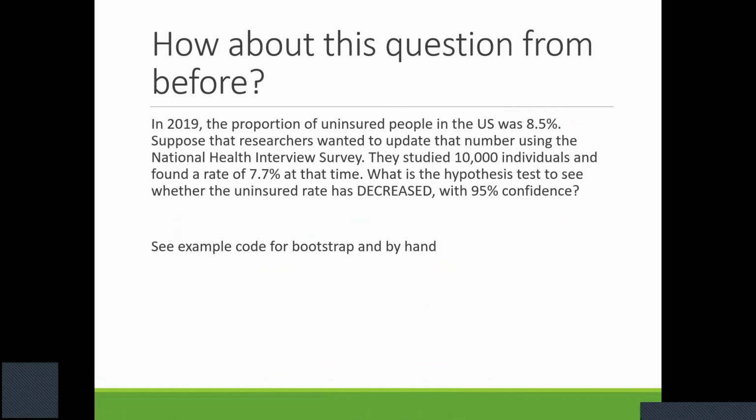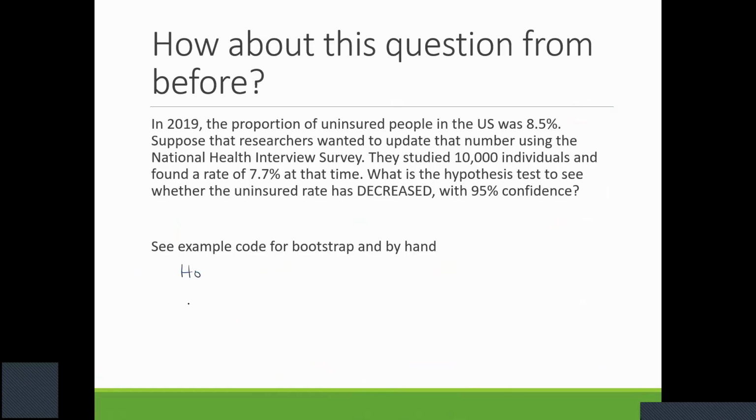How about this question from before? Remember we said that the proportion of uninsured people was 8.5%, and then we got 10,000 people in a sample and found a rate that was lower. So can we see whether this has in fact decreased over time? Okay, and first of all, let's talk about the hypotheses.